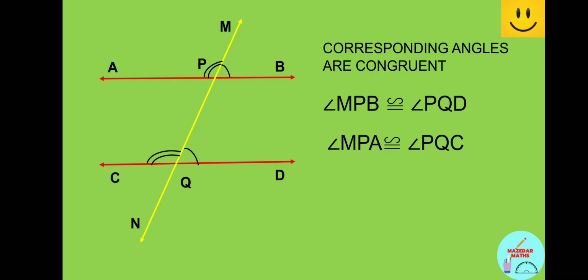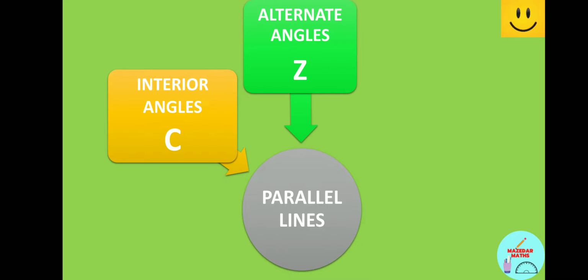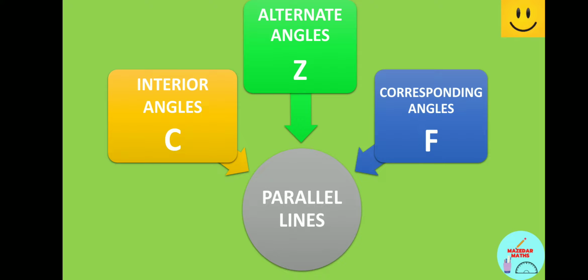So we have 4 pairs of corresponding angles: 2 pairs of interior angles, 2 pairs of alternate angles and 4 pairs of corresponding angles. Let's sum it up. Interior angle, C shape; alternate angle, Z shape; and corresponding angle, F shape. Isn't it easy to remember this way?